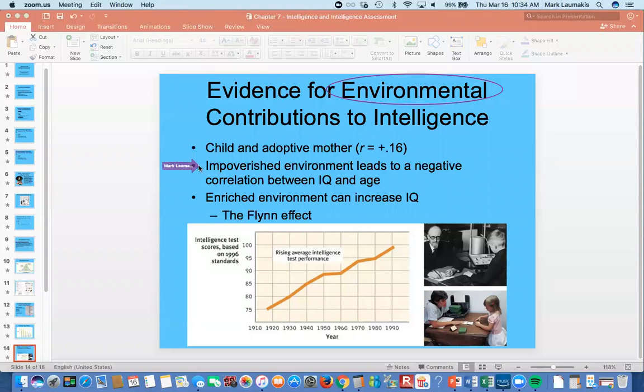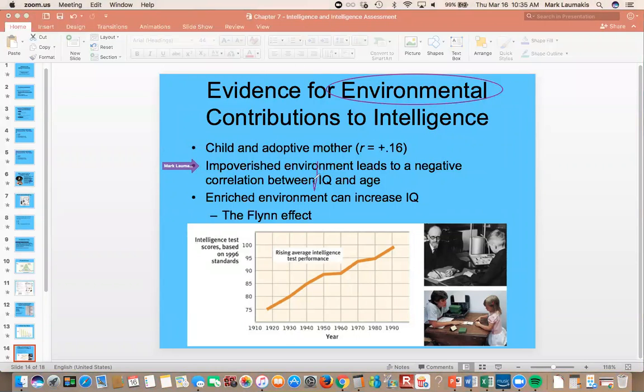The second piece of evidence that's suggestive of an environmental contribution to intelligence is the finding that the longer you spend in an impoverished environment, the worse that is for your IQ score. There's a deleterious, negative effect on your IQ the longer and longer you're in a not so good environment.